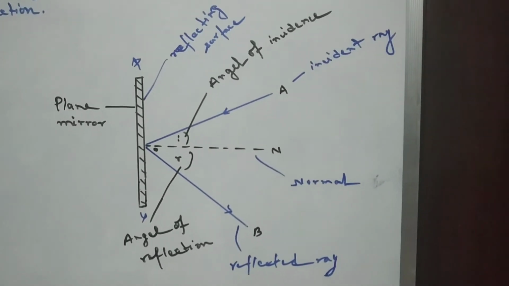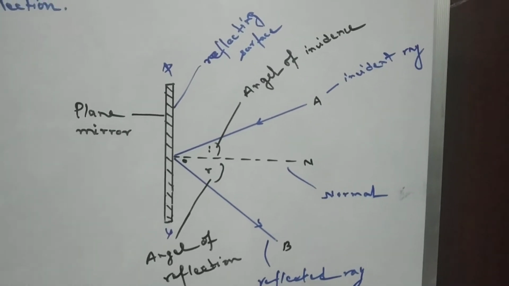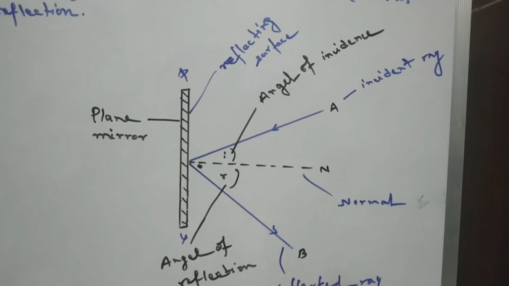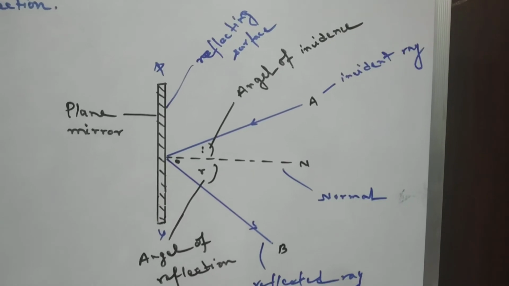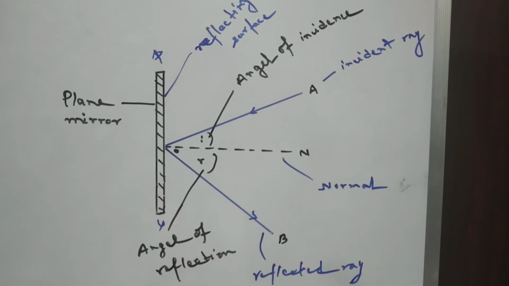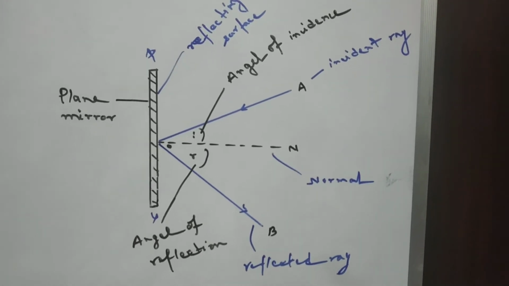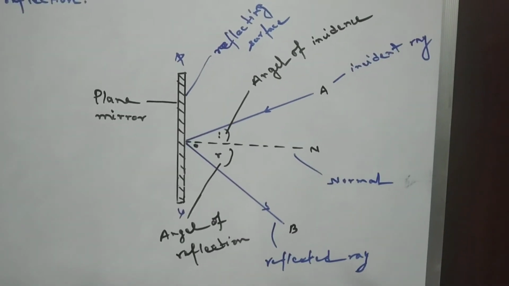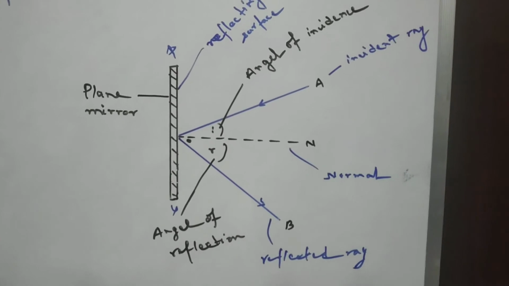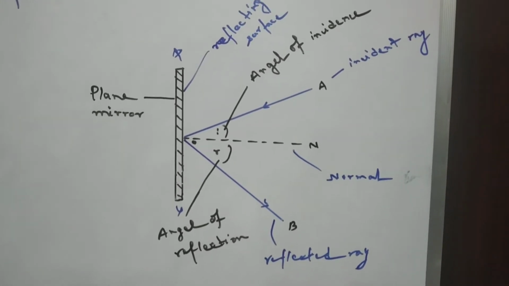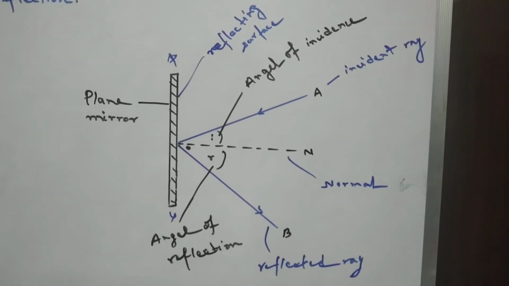That means first the incident ray falls at the point O on the reflecting surface, so the incident ray will be AO. Now you have to draw a perpendicular line from the point O, perpendicular to XY.